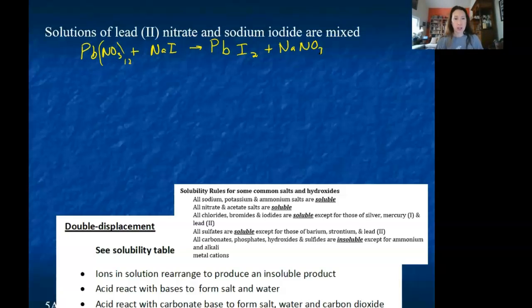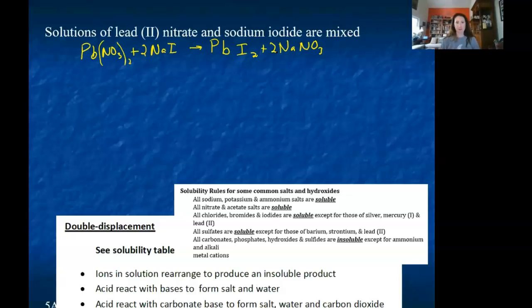Yes. And then we need to make sure we balance it. This looks like NO3 twice. Let me see if I can make that a little bit nicer. So if we balance this, we get there.